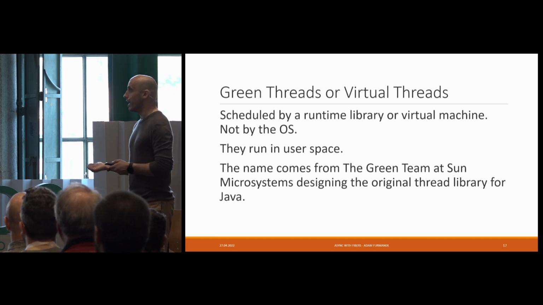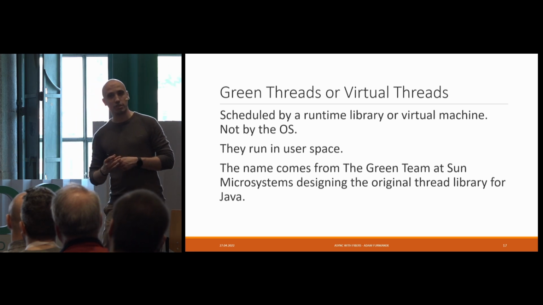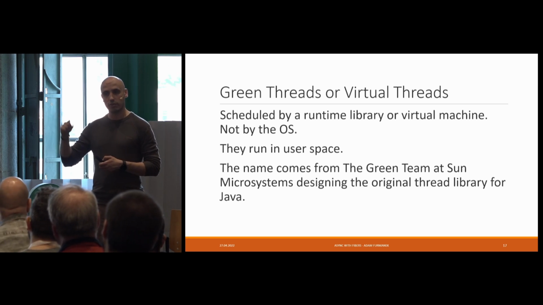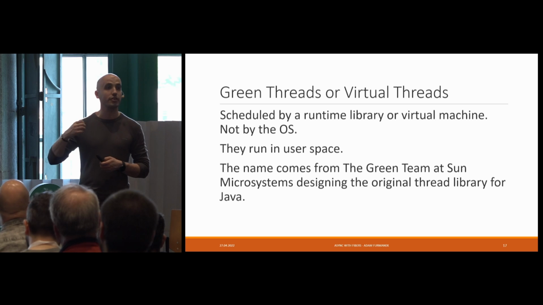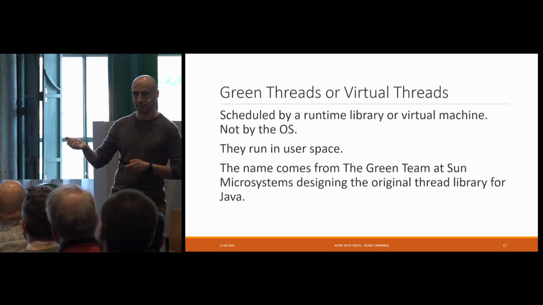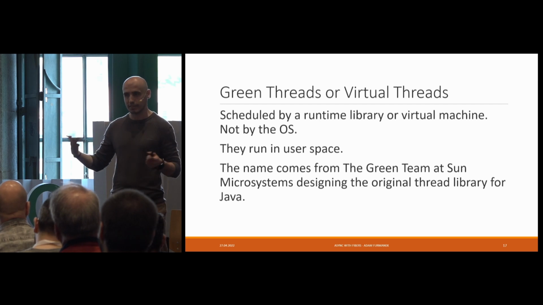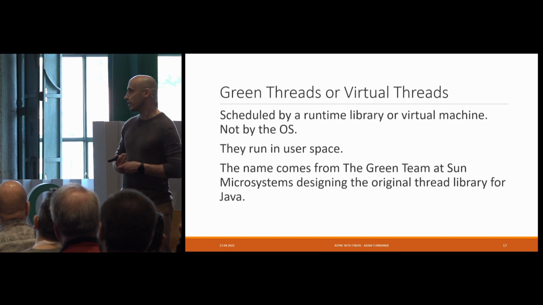Those are called green threads. The name green actually comes from Java, because Java started with their own implementation of threads, developed by the green team at Sun Microsystems. That's why they called them green threads, and the name stayed around. So that's why we are calling them green threads.